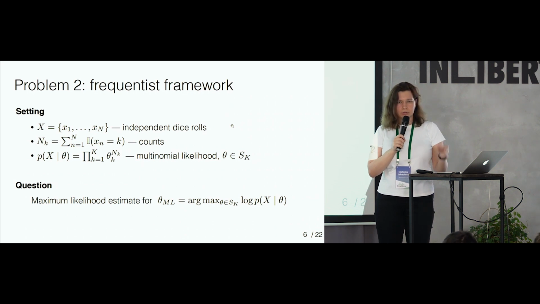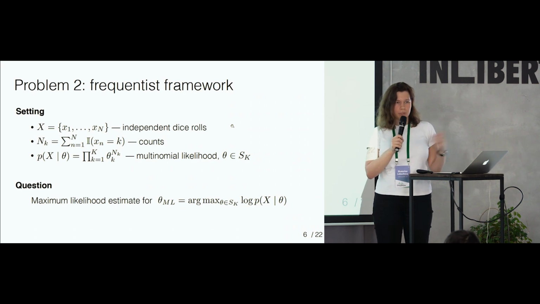We will solve this problem in two ways, in frequentist way and in Bayesian way. In frequentist way, we want to compute the maximum likelihood estimate for theta. And in Bayesian way, we will compute a posterior distribution. Let's start with the frequentist way.